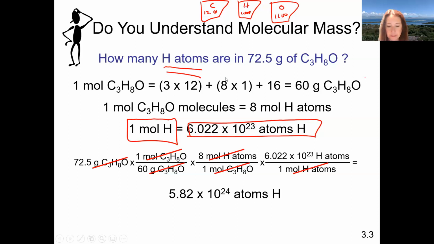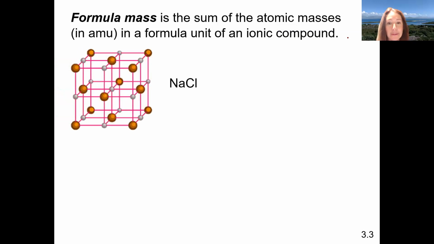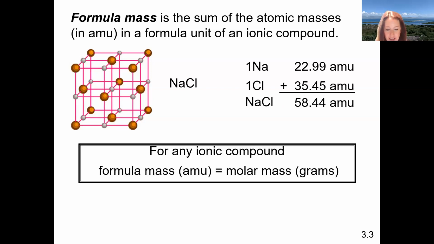Now, molecular mass just means molecules. Remember, molecules are two nonmetals. Formula mass means the same thing, or formula units. We technically call that for ionic compounds, but you treat them exactly the same.